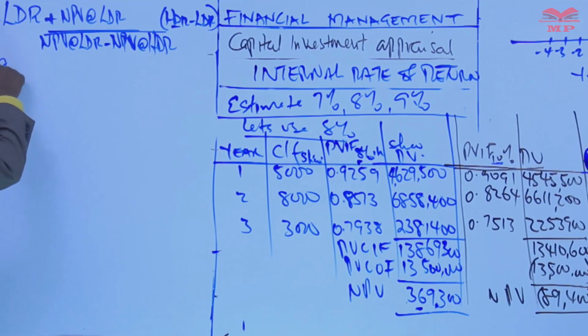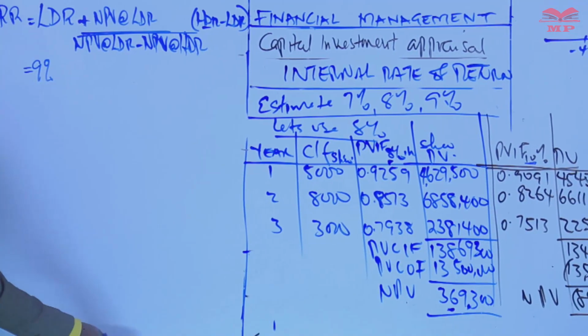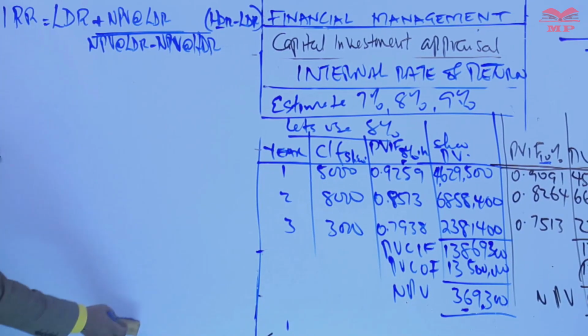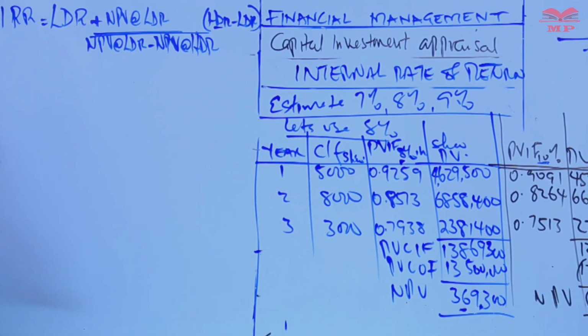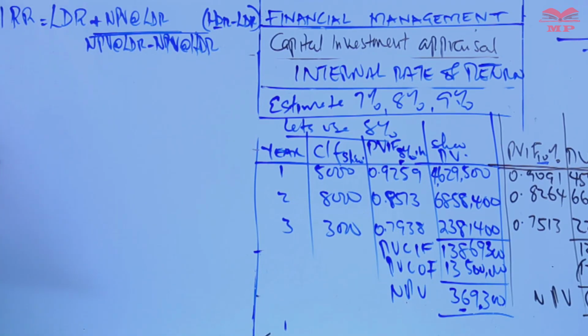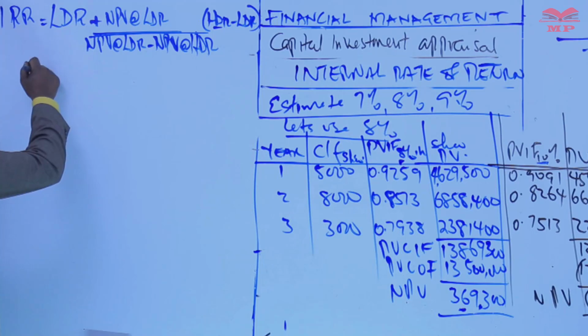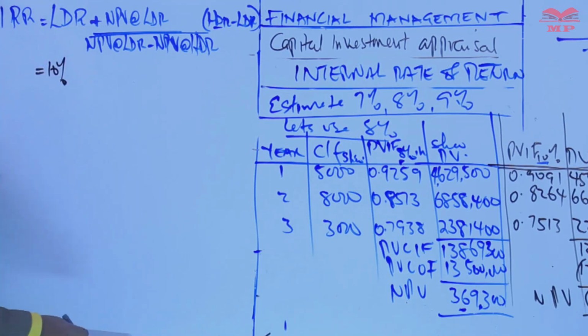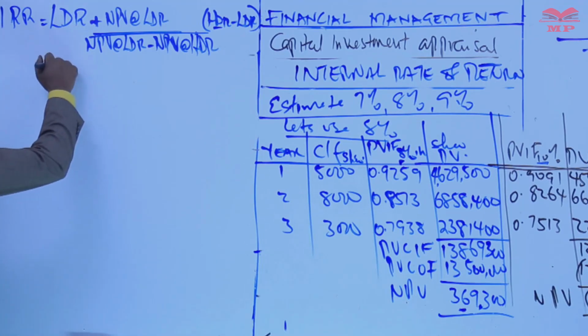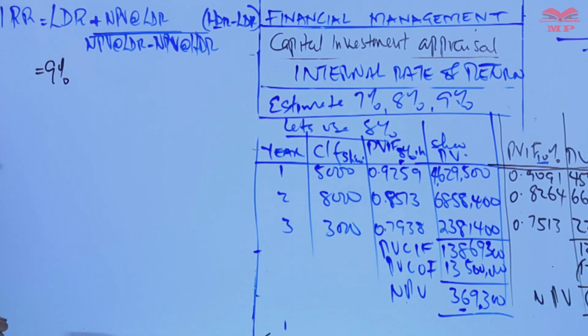It's 9 and 10. 9% is the lower discounting rate.